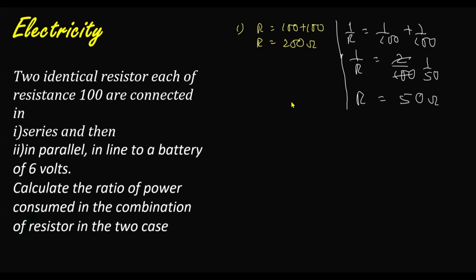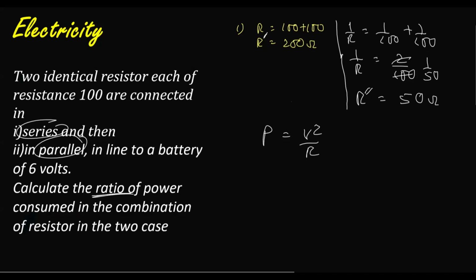I use the symbol R dash for series and R double dash for parallel. Now we have to calculate the ratio of power. As I said in the beginning, we are going to apply the relation P is equal to V square over R, and not P is equal to I square R. By order, it is series over parallel.